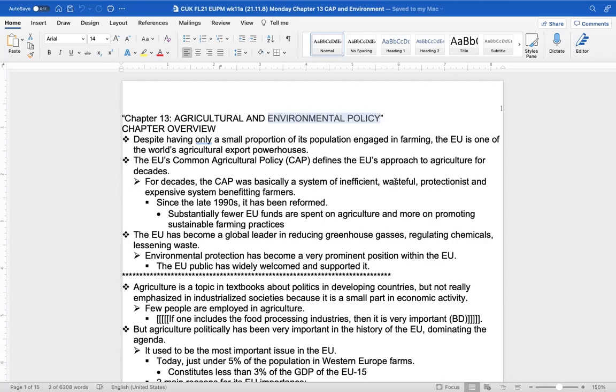role in making sure that the policies of the member states conform with the laws of the European Union in that next generation plan.